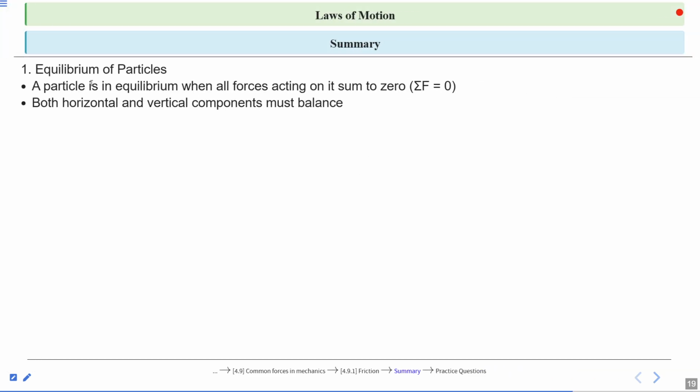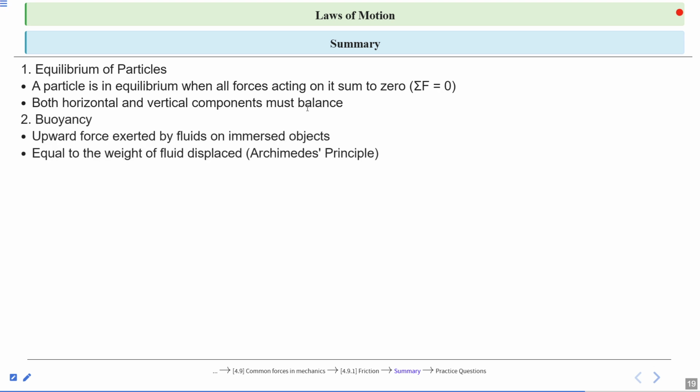Summary. First, equilibrium of particles. A particle is in equilibrium when all forces acting on it sum to 0. Summation of all forces equal to 0. Both horizontal and vertical components must balance in the equilibrium condition. Second is buoyancy.